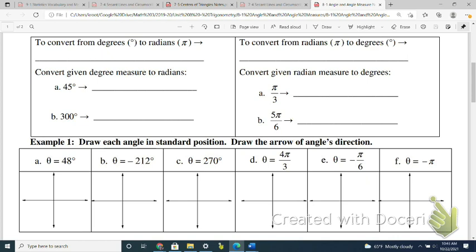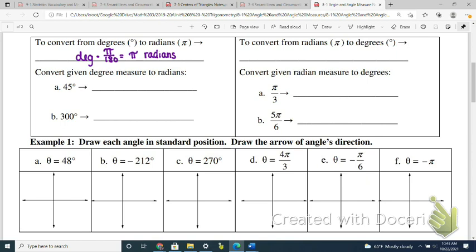So to convert from degrees to radians, we will take our degree and you will multiply by pi over 180. This will get me pi radians. So when we convert from degrees to radians, we are going to consider pi a variable. Okay, it will always be in your answer. You will never multiply it out by pi.